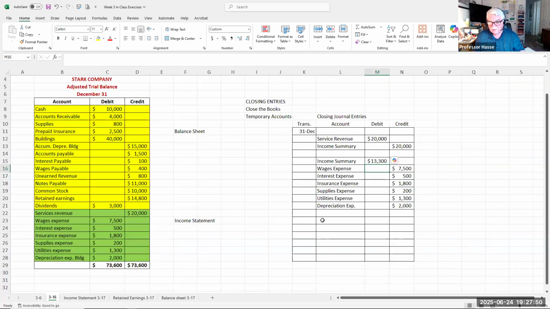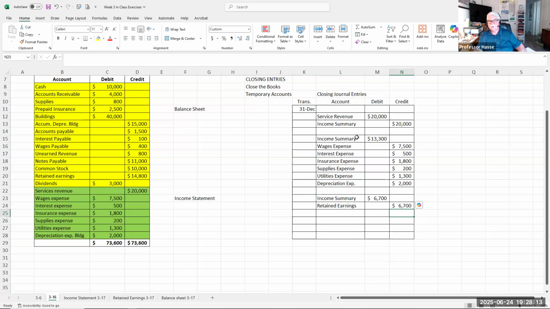So now we debit income summary, that difference or net income of $6,700. And where does the credit go? Retained earnings. The balance sheet account is now credited $6,700.